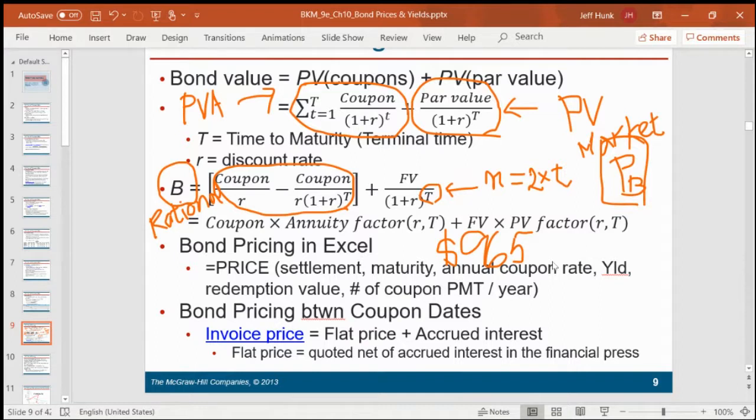Okay, if the price is above, this is below par value, right? Or maturity value, right? I'm not going to use PV, because you might say, oh, doesn't PV mean par? No, PV means present value, not par. Of course, par value can be symbolized by PV, but then it's conflicting with present value.